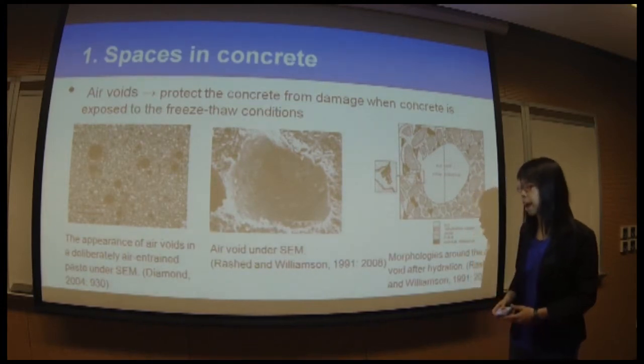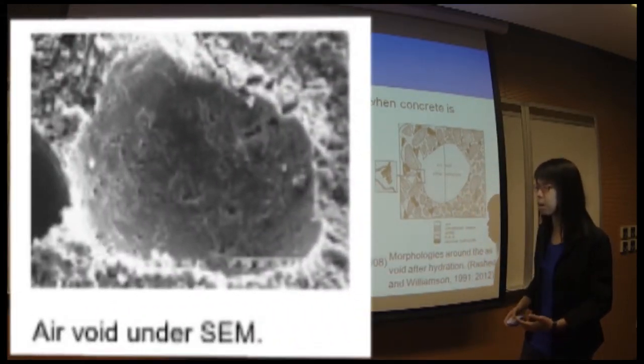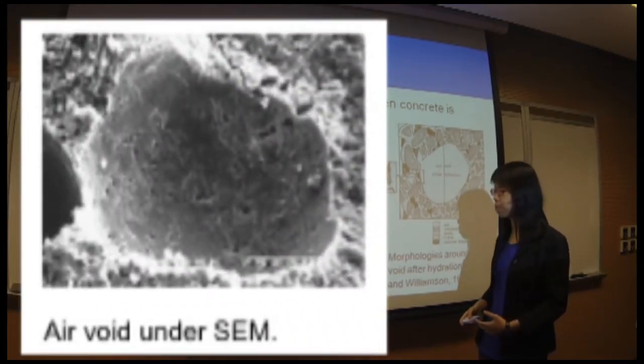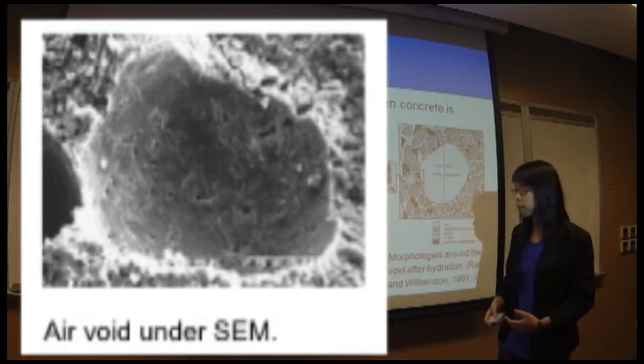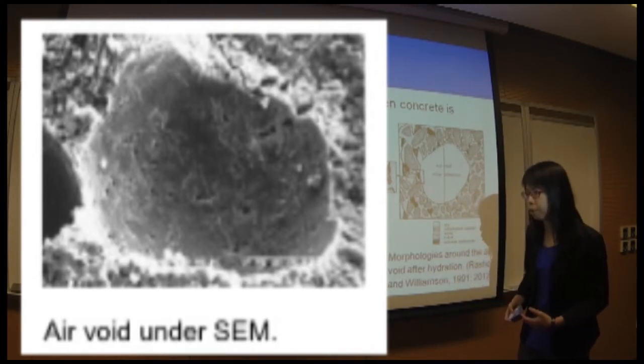And when we see the air void under the SEM, we can see some of its microstructural features. For example, the air void is not perfectly spherical, and also there are some holes and lines on the air void.